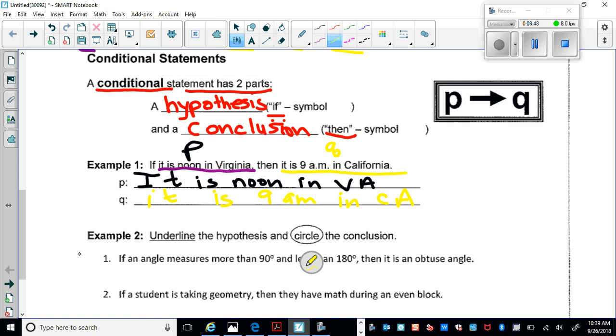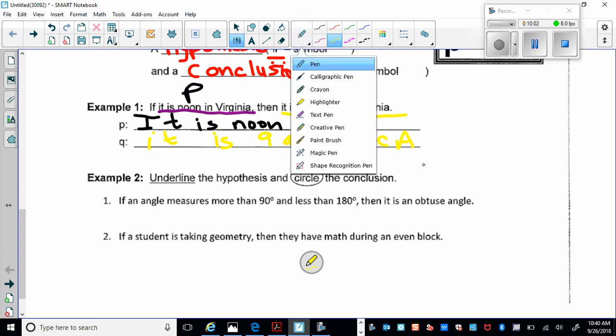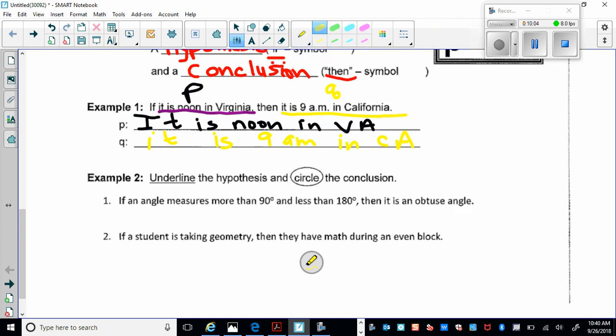So in any statement, you would be asked, okay, what's the hypothesis of the statement? What's the conclusion of the statement? In this example, it says underline the hypothesis and circle the conclusion. So whenever you have to underline, just make sure you look at what is the statement that follows the if, okay? So let me use purple for my hypothesis. It says underline it, so I'm underlining it, okay?